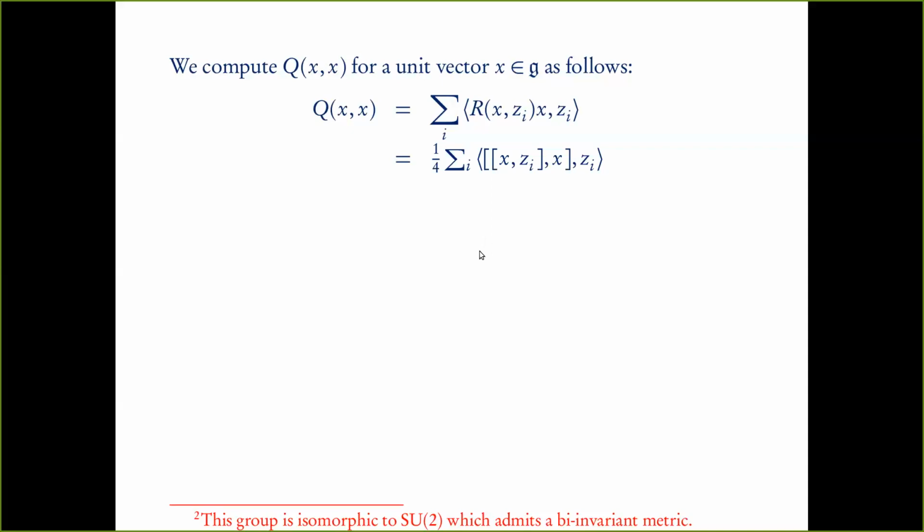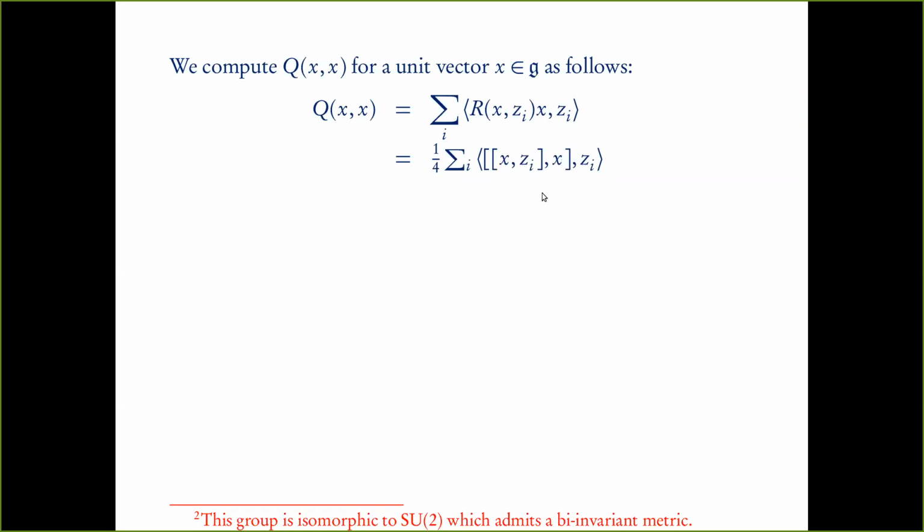But now, what does biinvariance tell you? So I guess this is a good point to maybe stop and ask if people are indeed following. So biinvariance should be able to simplify this for you. See, biinvariance means that if I treat this Lie bracket [x,z_i] as one single entity, the middle x can be paired either with the left bracket or it can be paired with z_i.